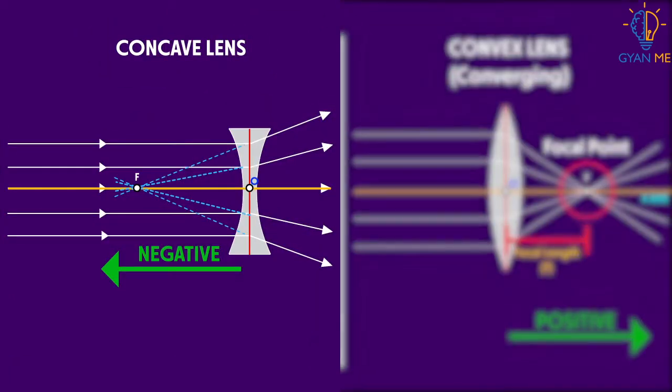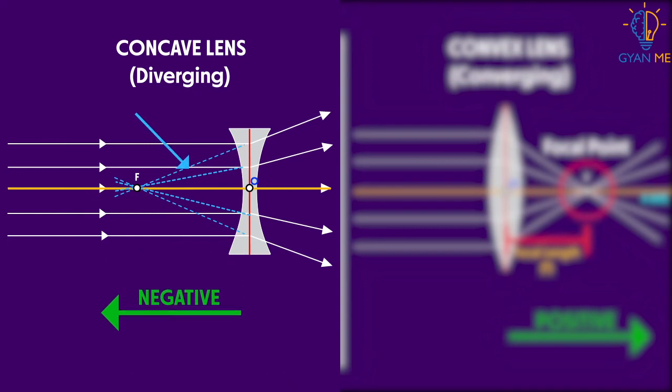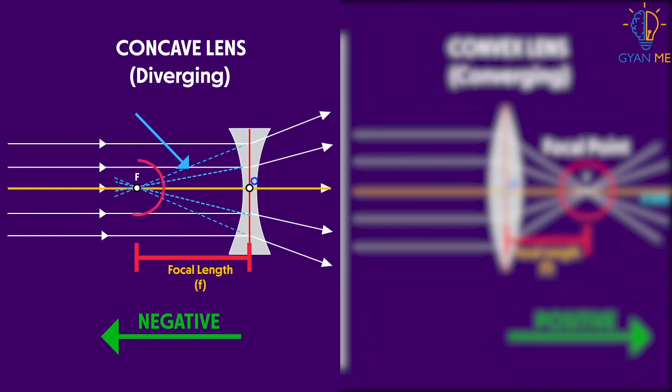Now, for concave lenses, we know that it is a diverging lens, so none of the rays will meet on the opposite side, just like a convex lens. So what we do is extend the rays back and get the focal point of this lens. So we see that it appears to be on the left hand side of the lens, and thus the distance between O and this left hand side focus point F will be negative.